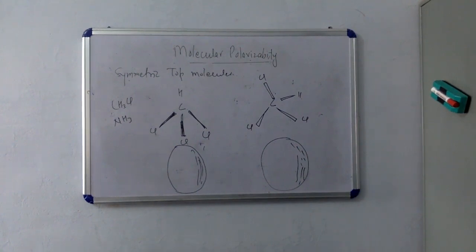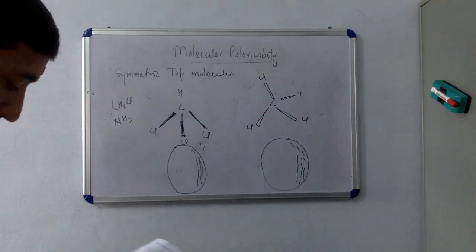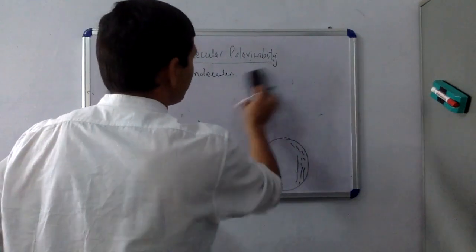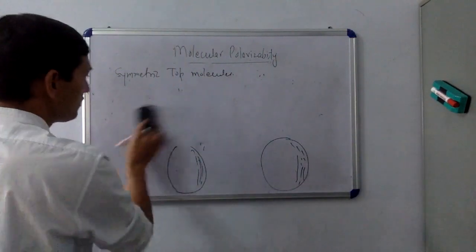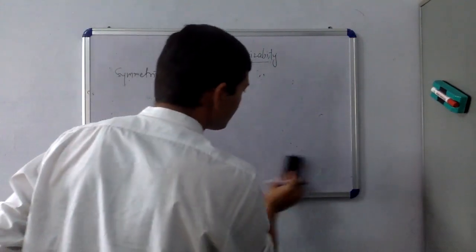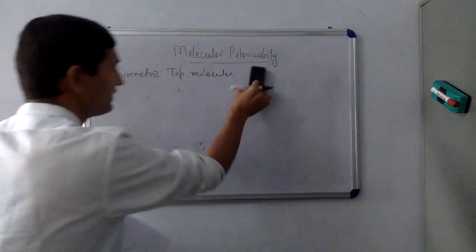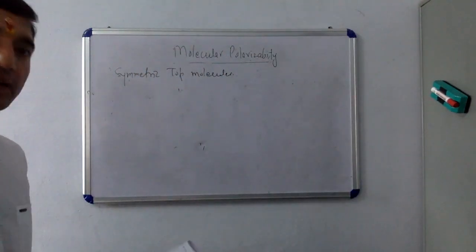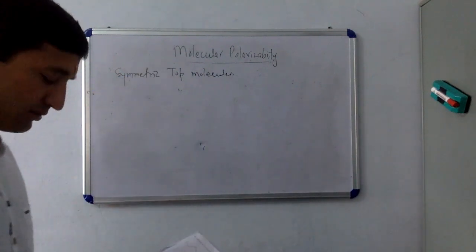So finally, we have another kind of molecules. These are the symmetric top molecules having the polarizability ellipse all same as in diatomic molecules. Along the axis you have an elliptical one and across it you have a circular one.